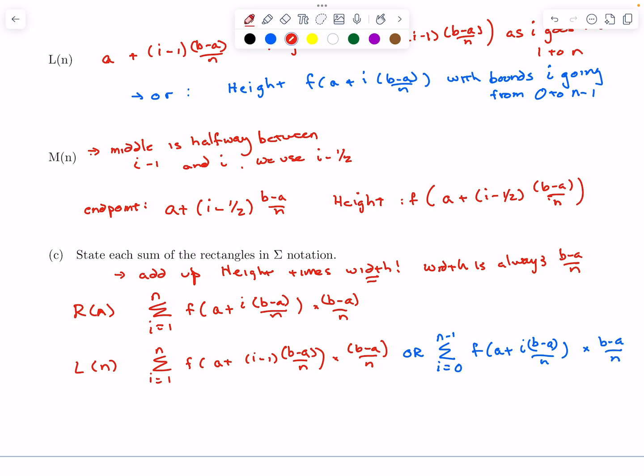And then for the midpoint, you have to go back to the old standard, i going from 1 to n. Okay, finally, an example.